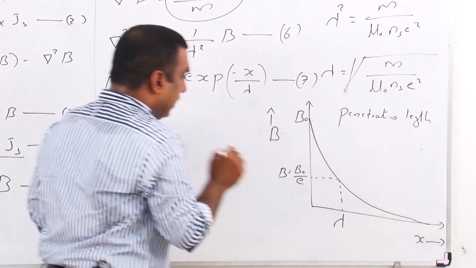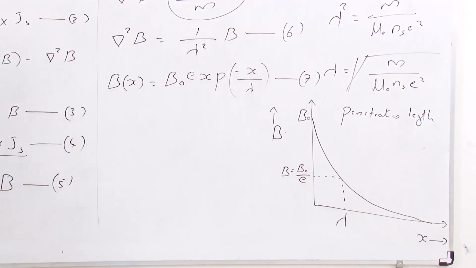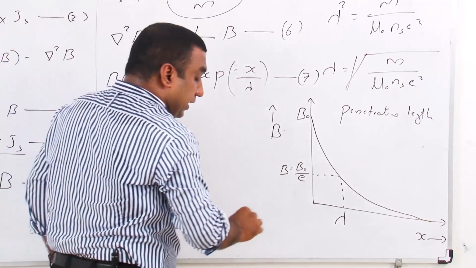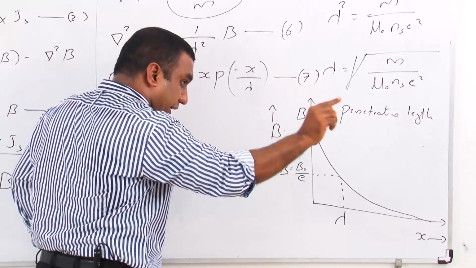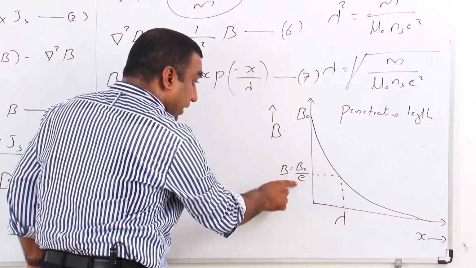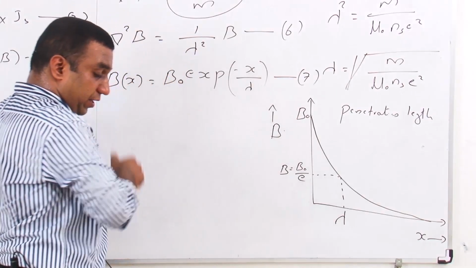or penetration depth. So what is penetration length or penetration depth? Penetration depth is the distance at which the magnetic field has a value 1 by e times the maximum magnetic field.